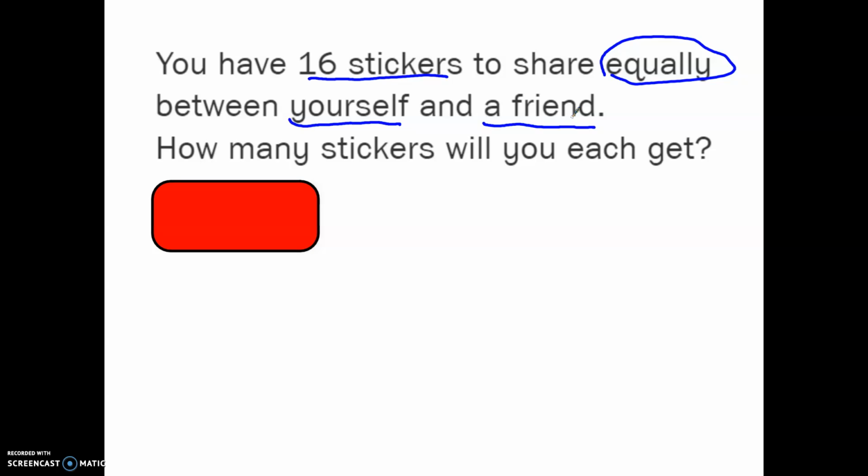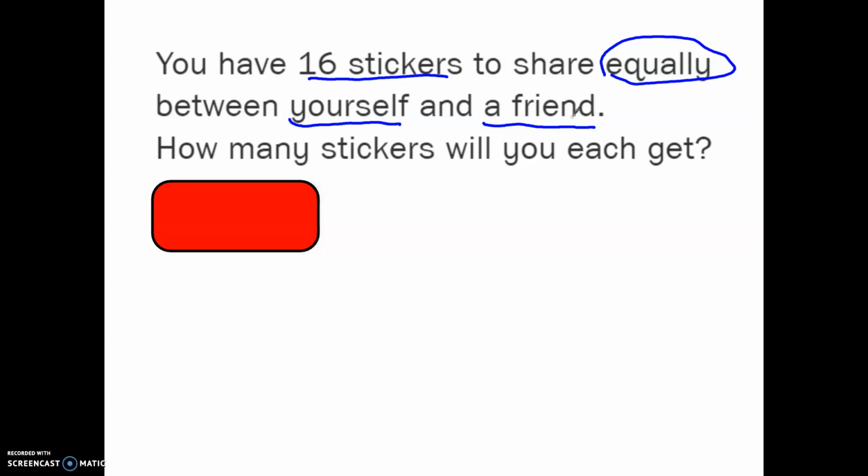So I'm going to say to myself, what number when I add it together, because it has to be equal, so it has to be the same number. What number when I add it to itself is 16? So in my head right now, I'm thinking of all the ways that I can get 16. 15 plus 1 is 16. No, that won't work because it needs to be shared equally. 7 plus 9 is 16.